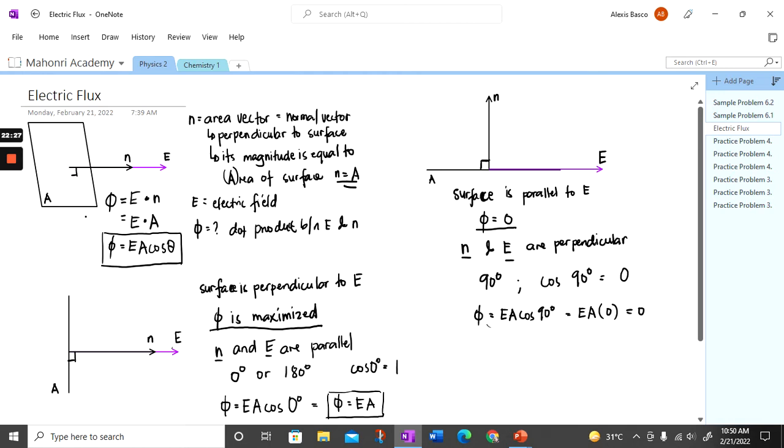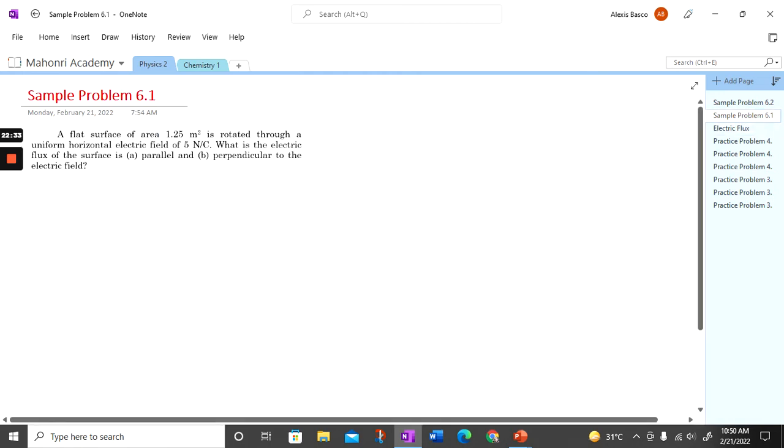So now let's try and solve some sample problems. Let's go on to our sample problem number 1. For sample problem number 1, I have a flat surface with an area of 1.25 meter squared.